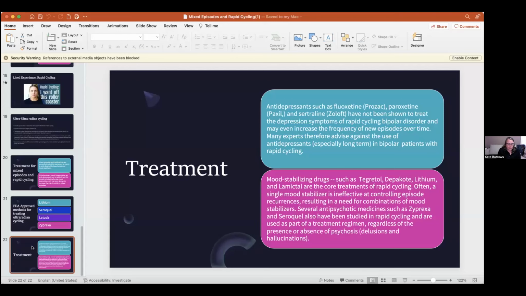Do we know anything about corticosteroid-induced bipolar disorder, and if it has any association with rapid cycling? Corticosteroid. That's a really good question.